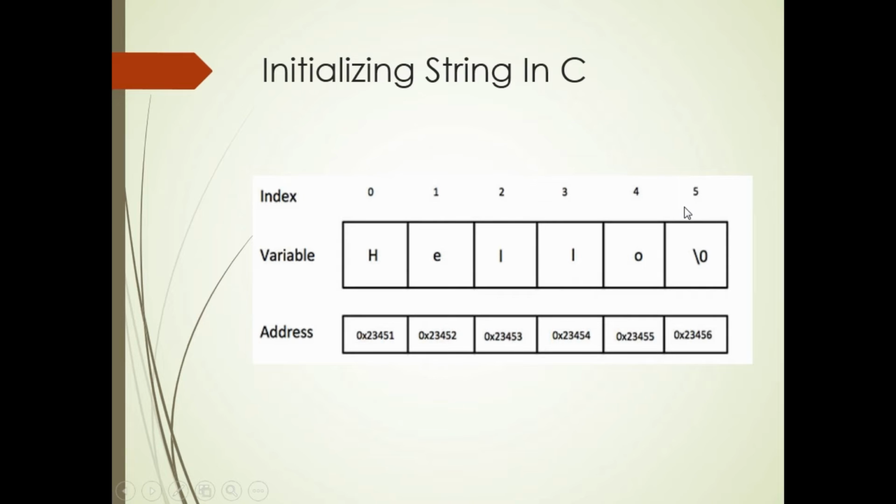If you do not know how array indexes work, then go to our part 13 through which you can get clear on this point. And these are the addresses which we will see in the pointer portion of C. Now let us see some examples related to strings.